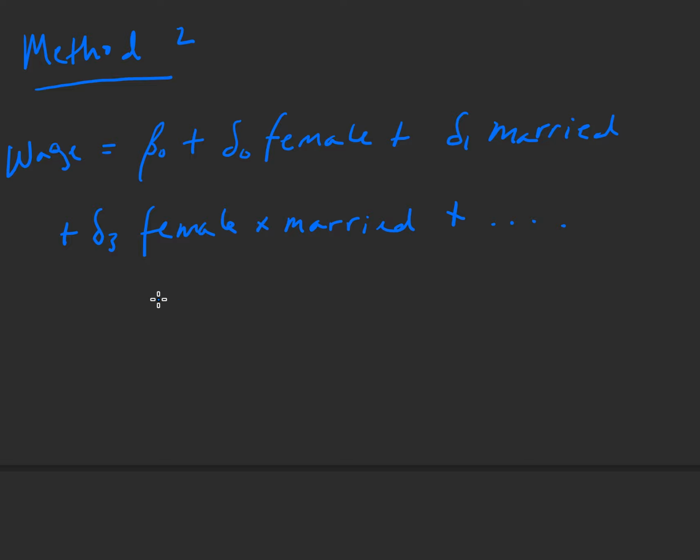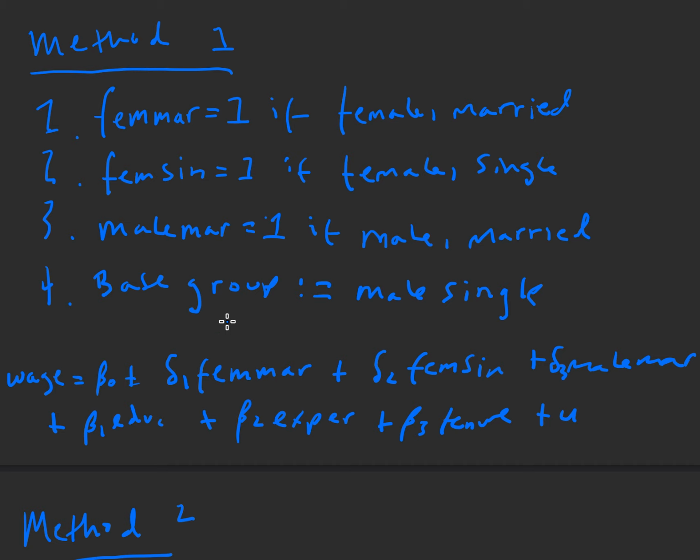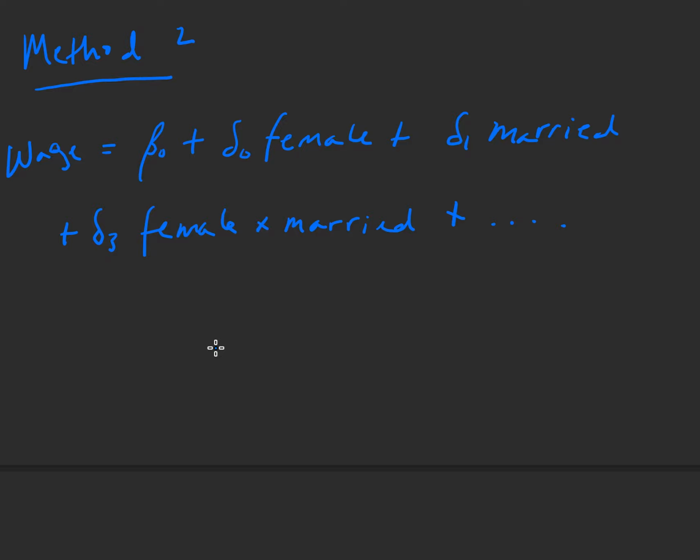And this method will give us the same results. If female is equal to 1 but married is equal to 0, then we just have delta naught. If female is equal to 1 and married is equal to 1, then we have delta naught plus delta 3, and delta naught plus delta 3 is going to be equal to delta 1 in the first regression. If we're looking at male and married, then female is equal to 0, but married is equal to 1.